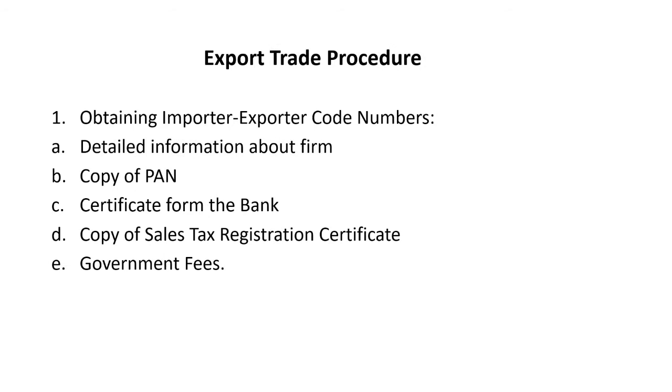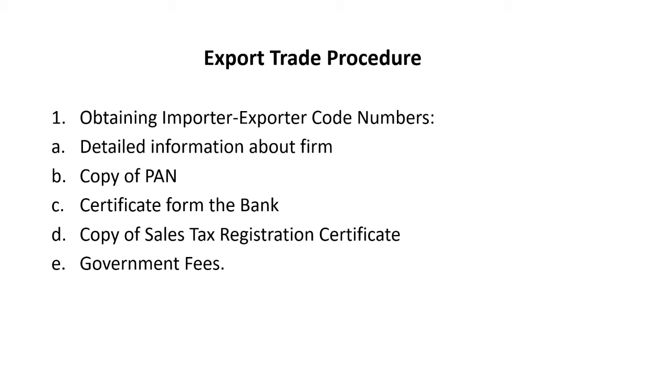First one is obtaining importer exporter code numbers. It is the registration made by the export organization with the licensing authority. To get this code number, an exporter has to make an application to the licensing authority with different documents.